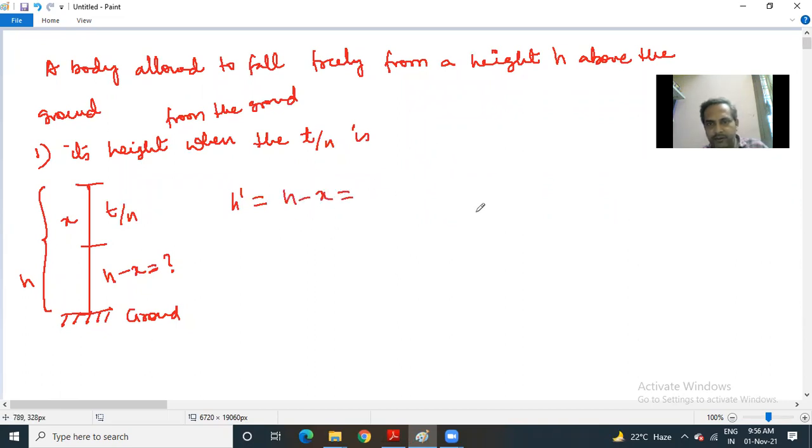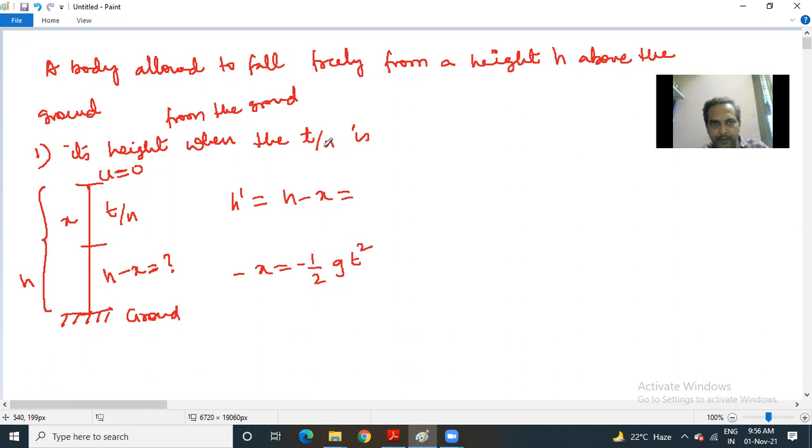Before that, find x by making use of s equal to ut plus half at square. You get u as 0, so you get a half, since it is coming down, gravity is negative, t square.